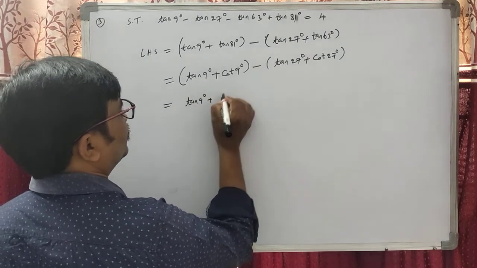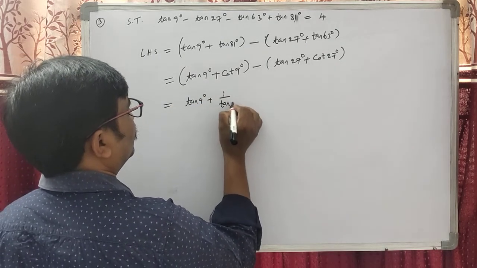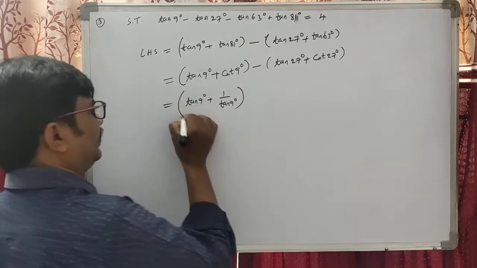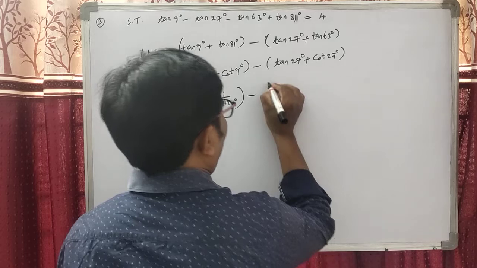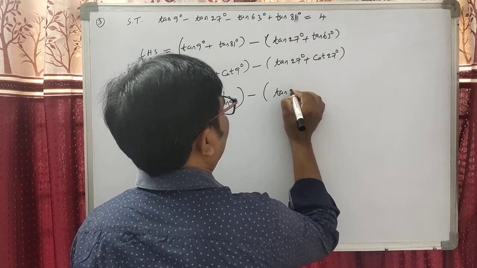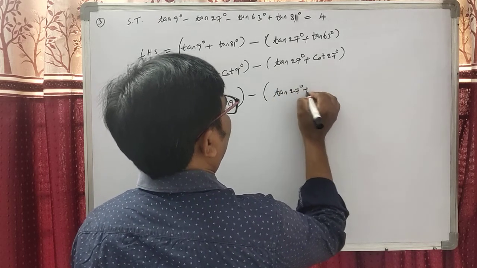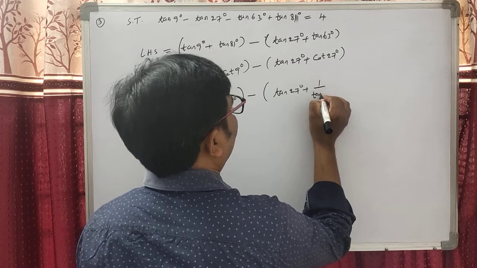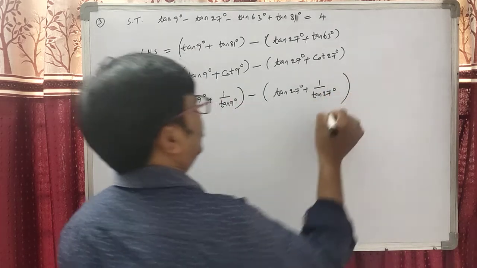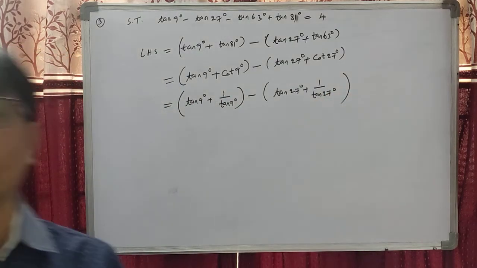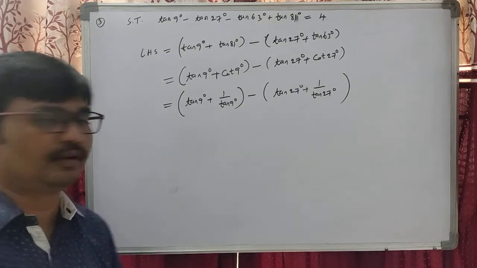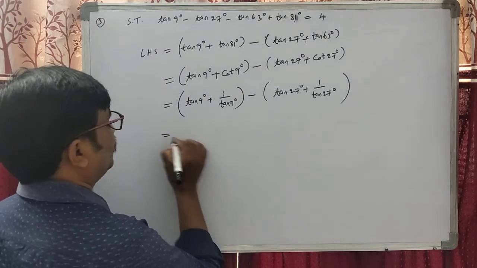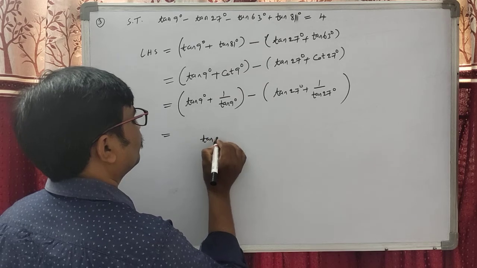Tan 9 degrees plus 1 by tan 9 degrees, minus of tan 27 plus 1 upon tan 27. Dear students, how can you write this?